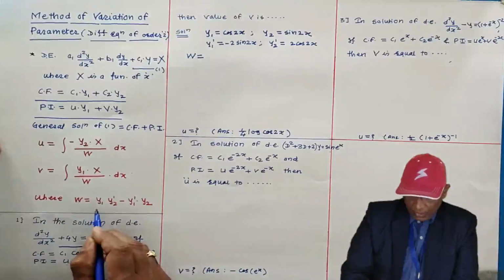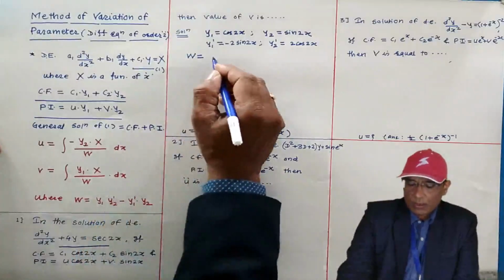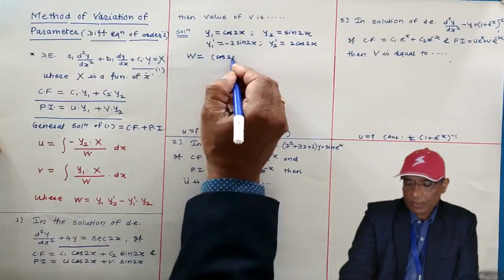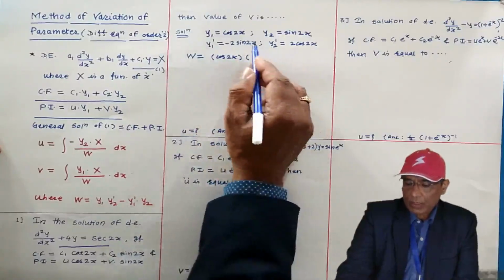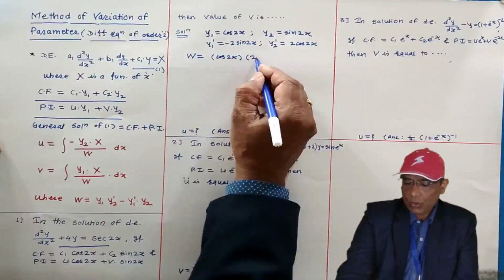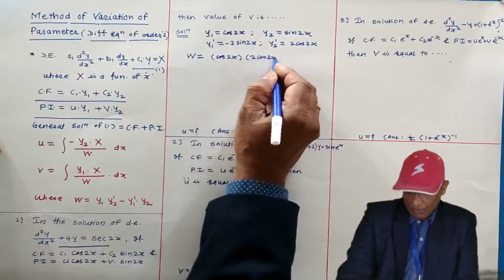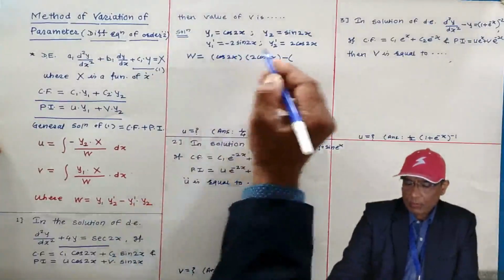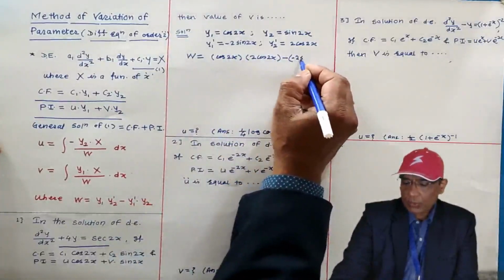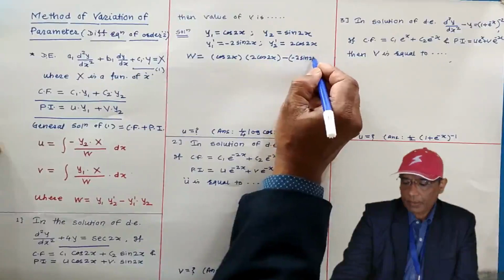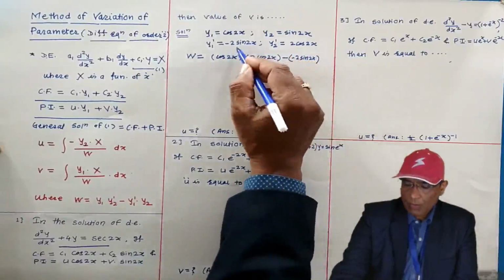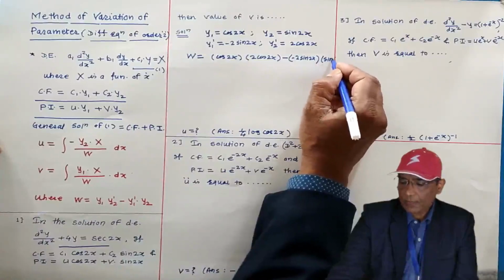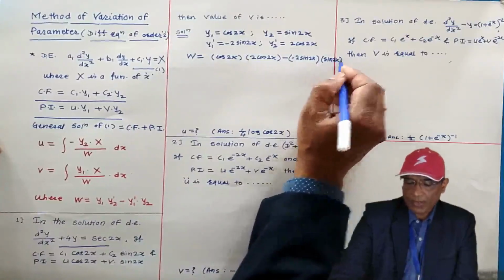The w is y1 y2 dash minus y1 dash y2. Here y1 is cos 2x, y2 dash is 2 cos 2x, y1 dash is minus 2 sin 2x, and y2 is sin 2x. Now let us simplify it.